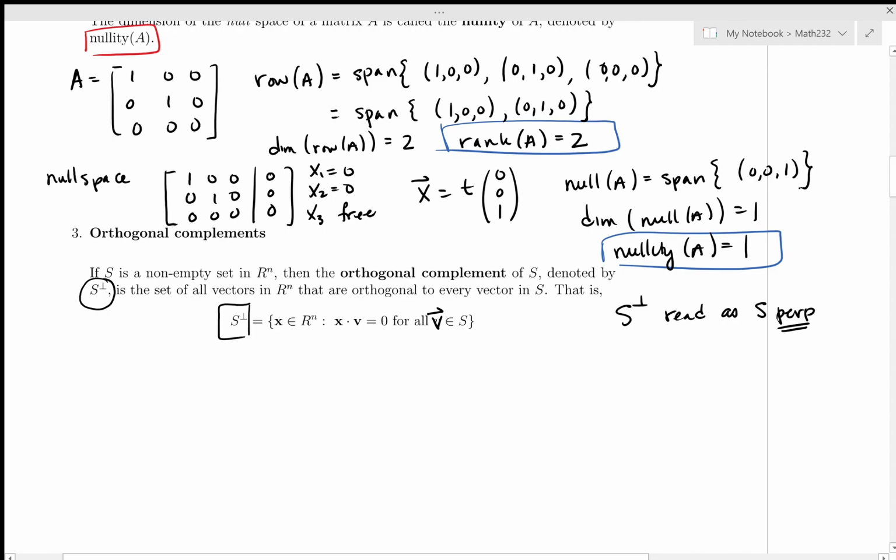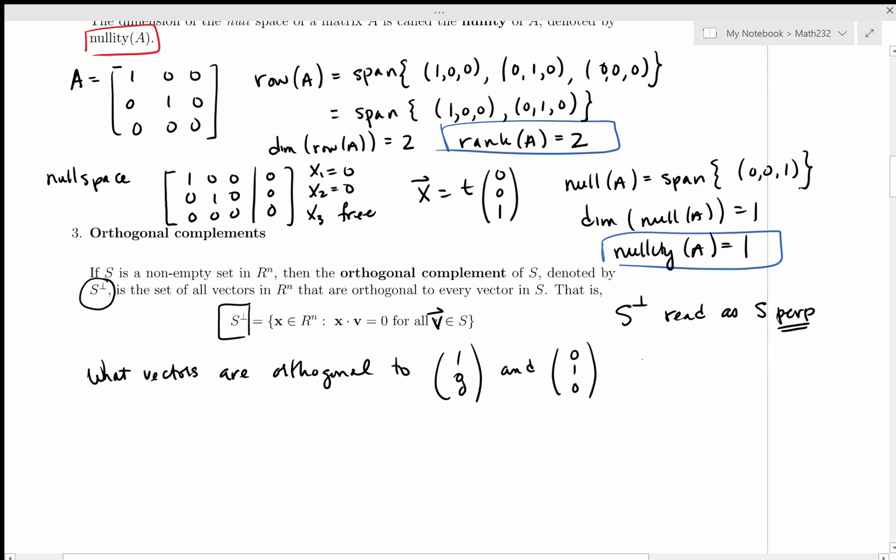Let's look at our previous example. We could ask what vectors are orthogonal to (1, 0, 0) and (0, 1, 0).